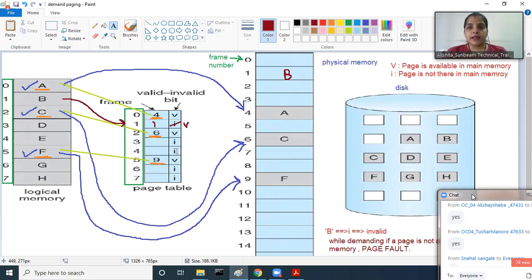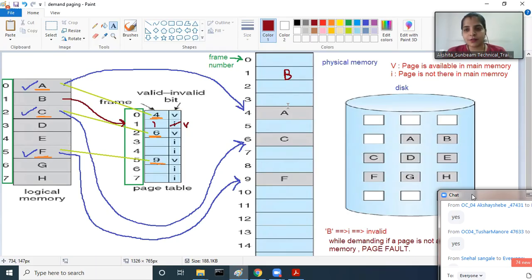I indicates it is not available in the main memory. If it is not available, that means I have to load it. But the thing is, my main memory is saying I am full. I do not have any space in my main memory to load E page into this memory area.